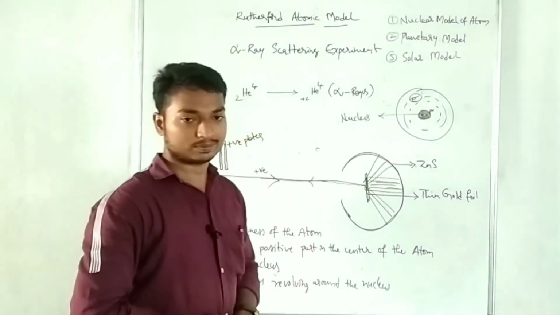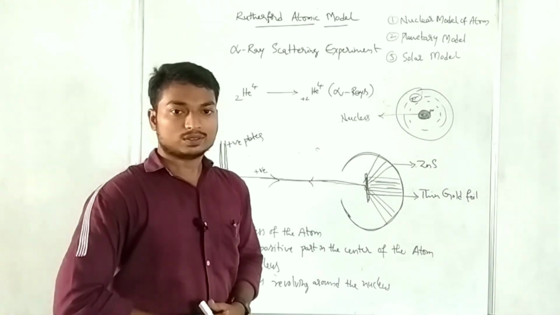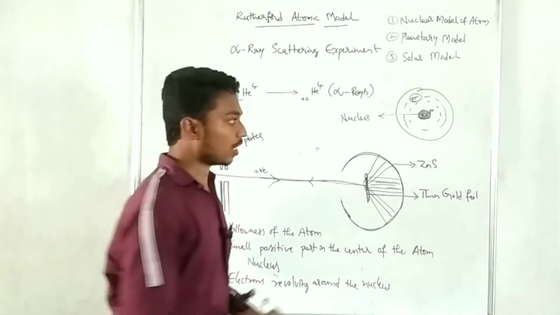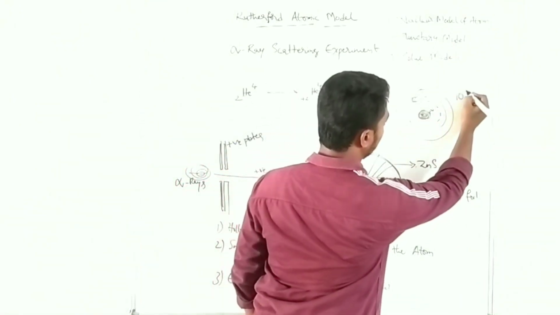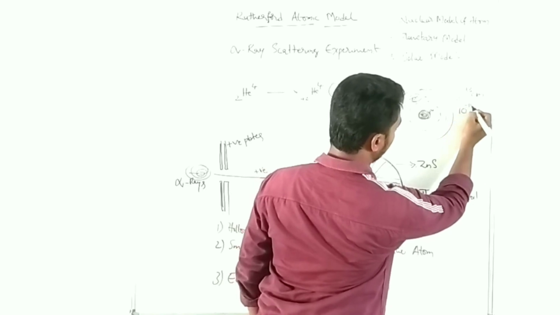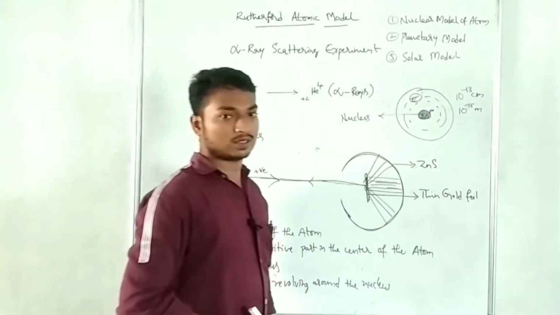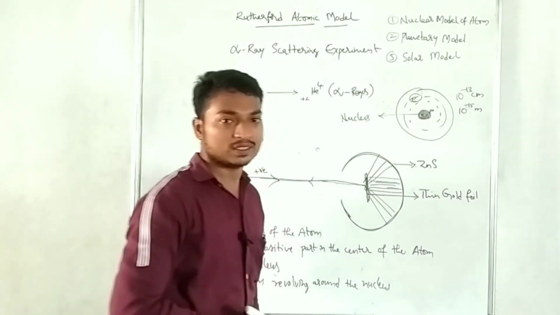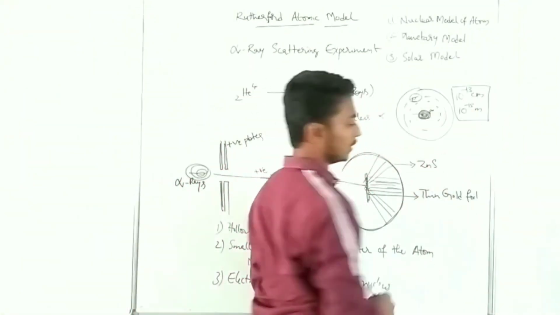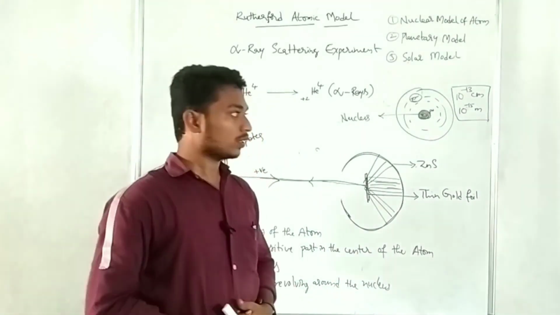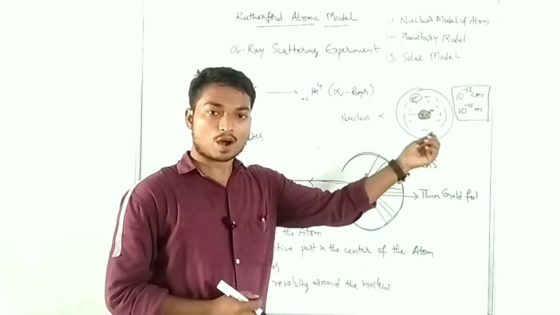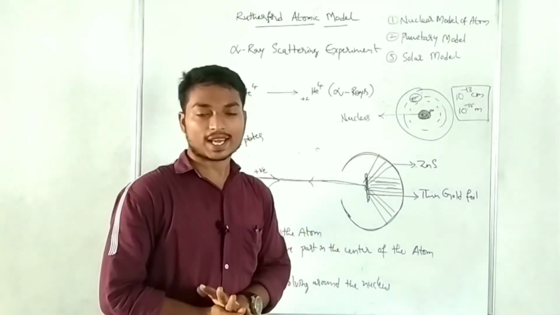solar model. And also Rutherford found the size of the nucleus. The size of the nucleus is about 10 to the power of minus 13 centimeters or 10 to the power of minus 15 meters. This is the radius of the nucleus, which is about 10 to the power of 5 times smaller than the radius of the atom.